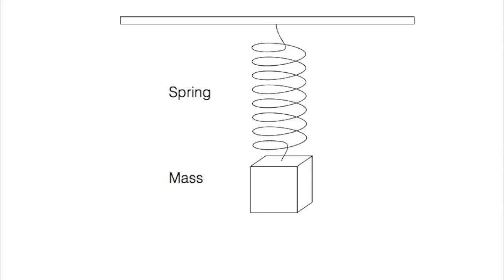The same would be true if I made the spring less springy, if I increased its compliance. Conversely, if I wanted to make the thing bob up and down more quickly, if I wanted to increase the frequency, I'd either make the mass less, I'd make it lighter, or I would increase the springiness of the spring. I'd reduce its compliance. Let's look at this in real life.